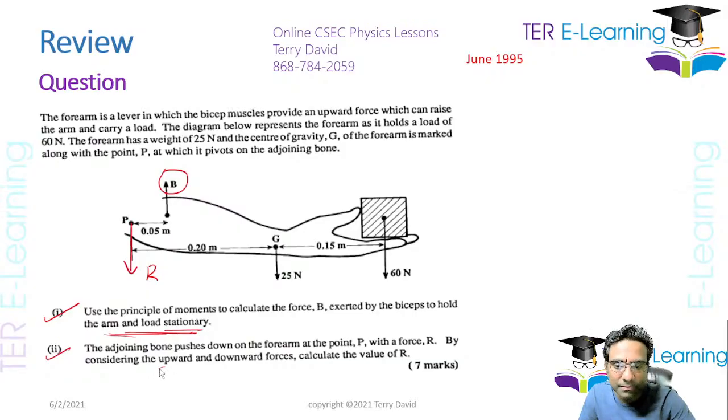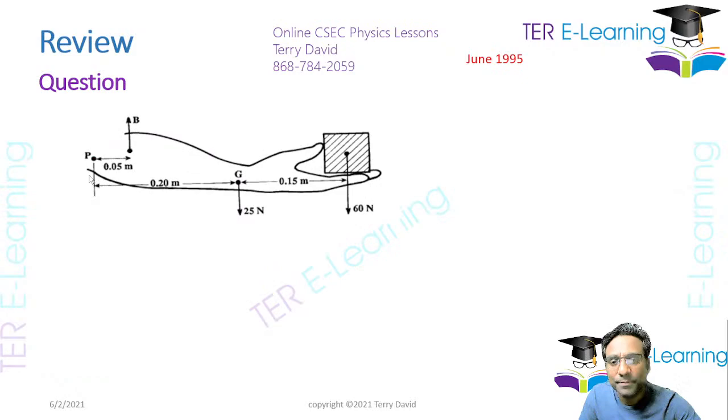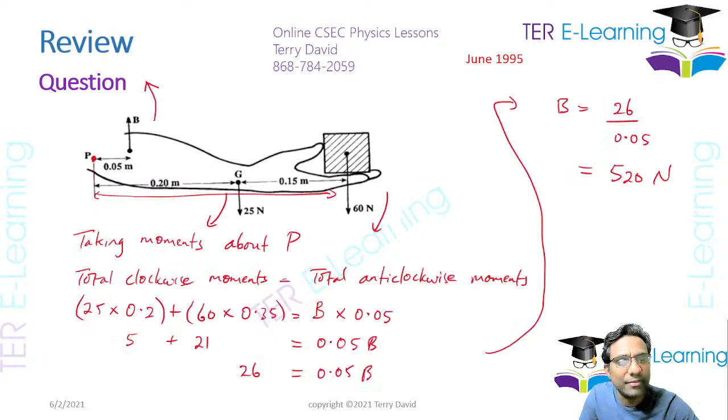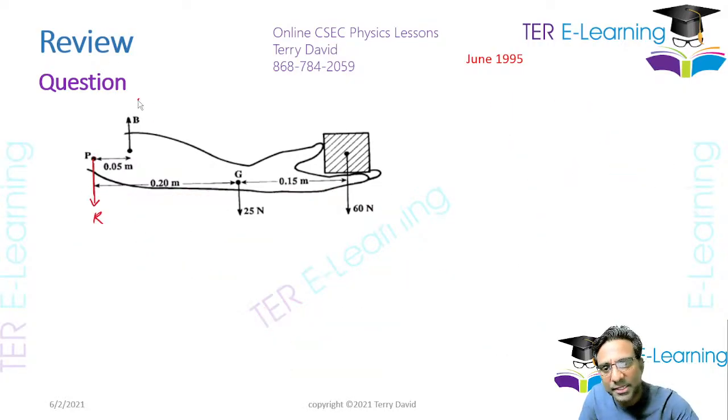You have a force acting downwards, which is R. You just worked out that B was 520 newtons. So all we need to do is figure out what R is.